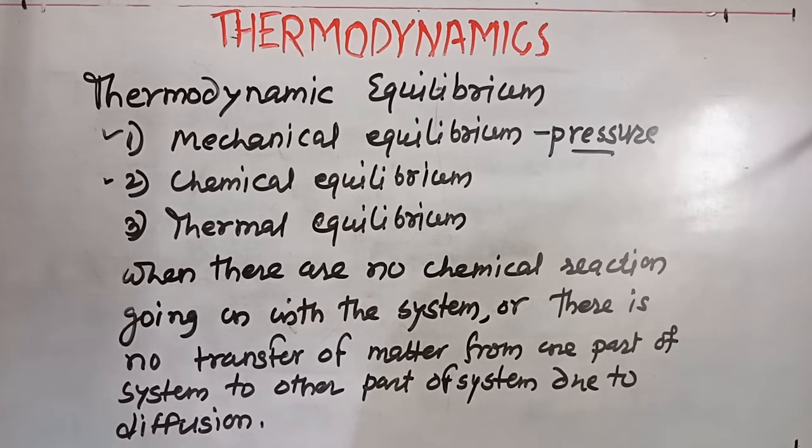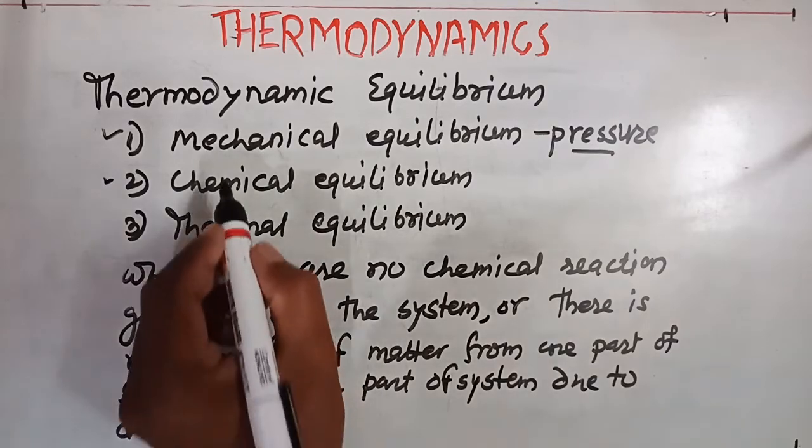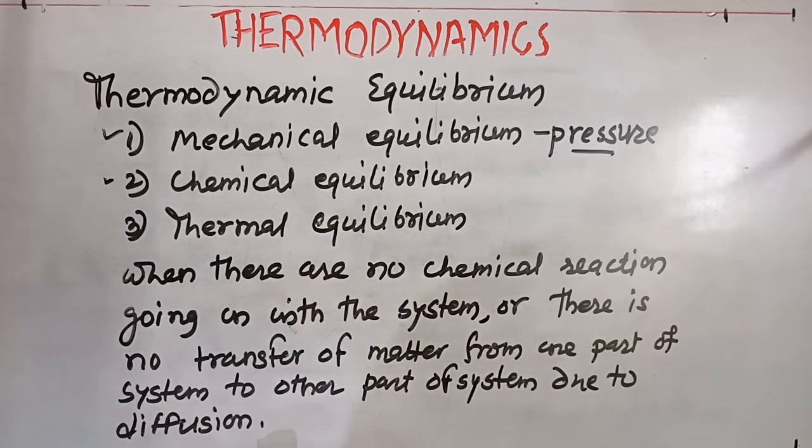A system is said to be in chemical equilibrium if there are no chemical reactions. The chemical reactions are absent within that system, then we say that that system is in chemical equilibrium. And the second criterion is no matter is transferred from one part of the system to another part of the system.